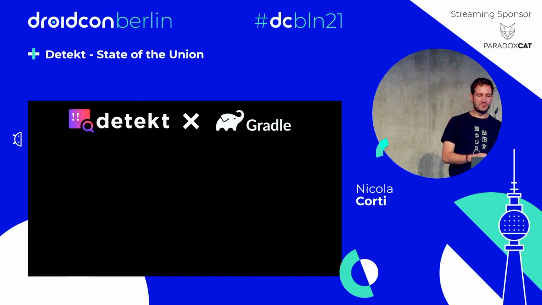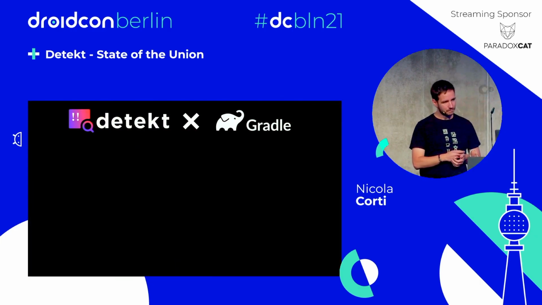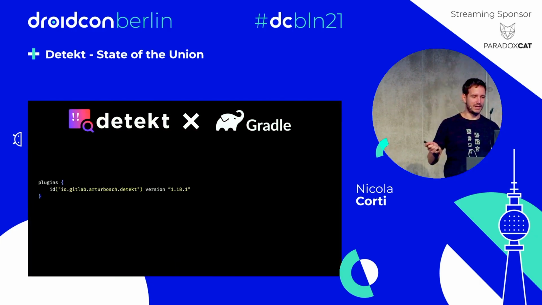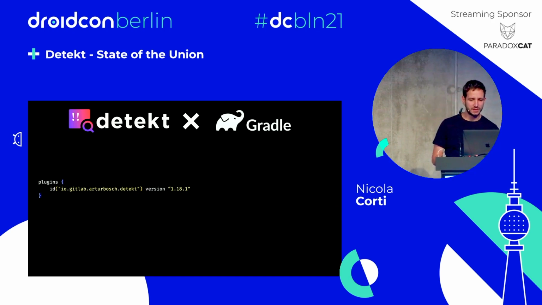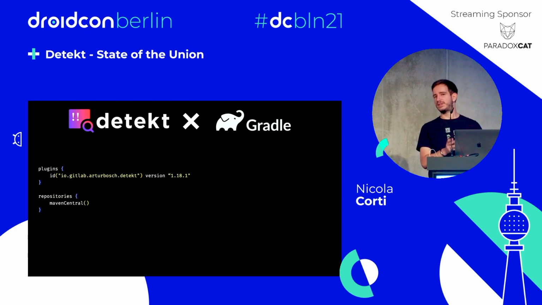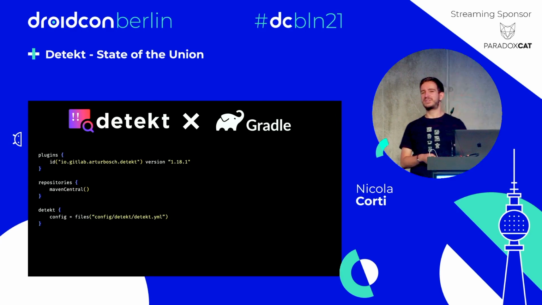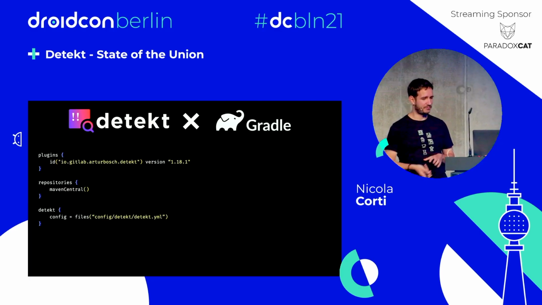So we offer the Detekt Gradle plugin. You just apply it as a plugin with the ID and the version. Obviously, we are on Maven Central and on the Gradle Plugin Portal, so everyone can use us. And you have this detekt configuration block where you can specify where your config file is and so on.